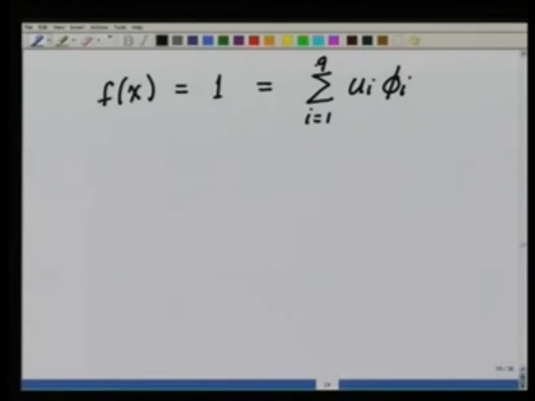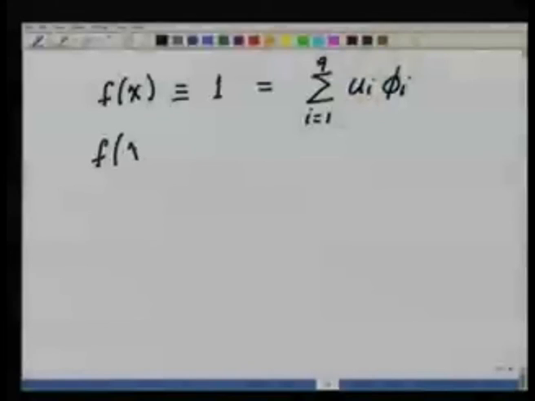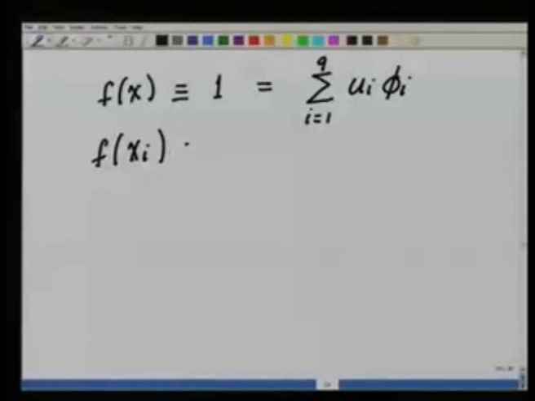Now if this function is equal to 1 everywhere in the domain, it has to be 1 at the points x1, x2, x3, x9. So if I go to the point xi, this is still equal to 1, but then this will be equal to ui, which tells me that the ui's on the right hand side are all equal to 1.